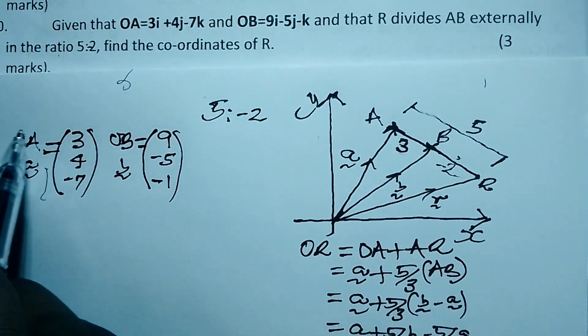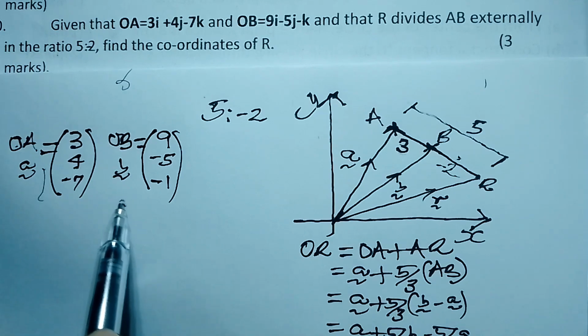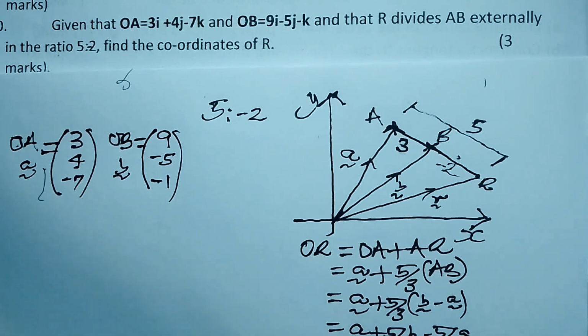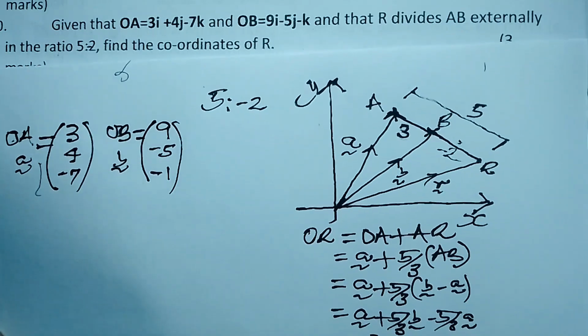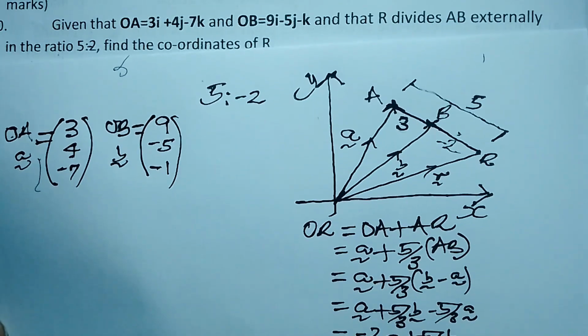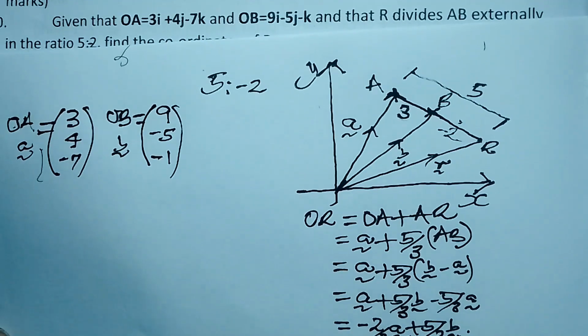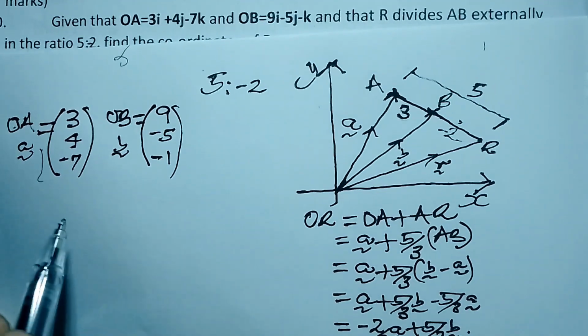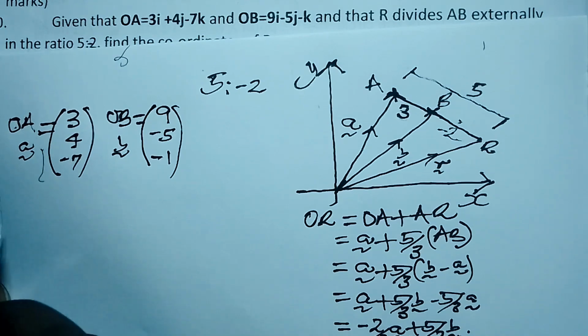So we go back to our theorem on external division, and we are going to get this now as the position vector of OR. First of all, we need to get the position vector.